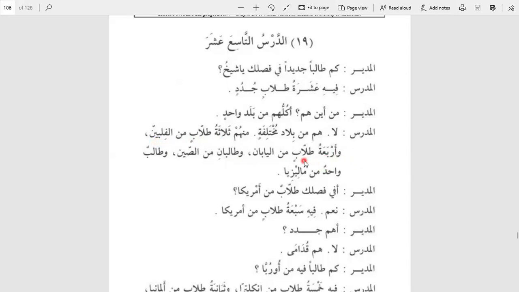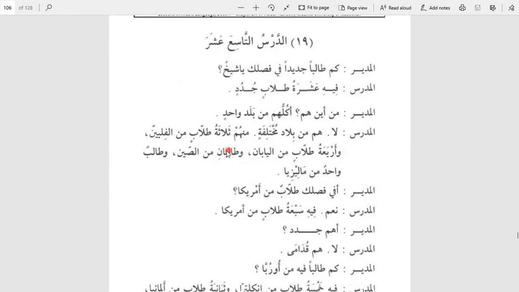Wa arbaatu tulabin. Look at this, arbaatu tulabin. When the maudud is mudhakkar, the adad is mu'annath. They always work in opposite. Min Japan. So 4 students are from Japan. Wa taliban min as-Sin. Taliban, remember we said when it is muthanna, we look at alif.